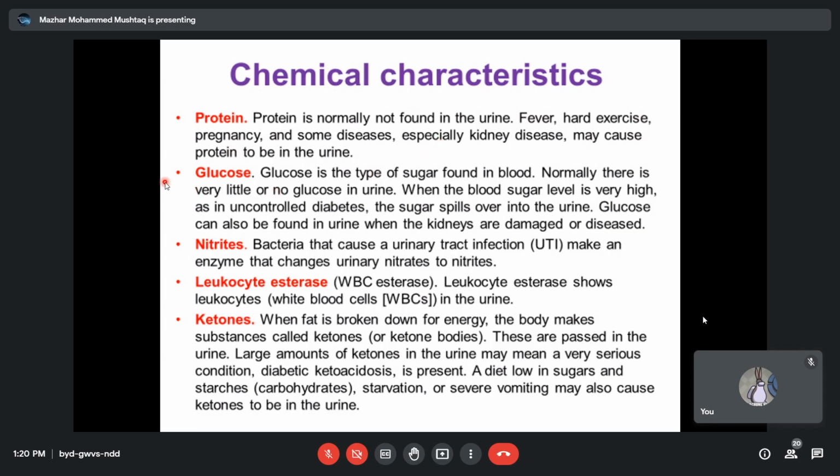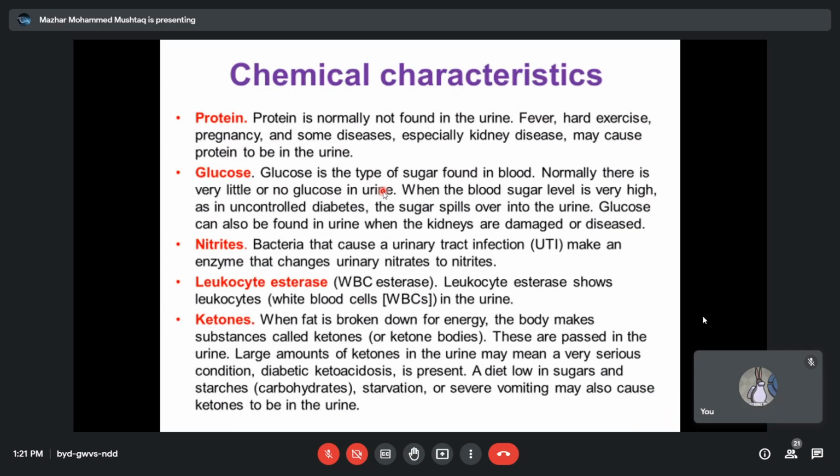Glucose typically is not found in the urine, but it also depends on the type of sugar. Normally there is very little or no glucose in the urine. When the blood sugar level is very high, for example in diabetes mellitus, it can reach about 300 or 400.